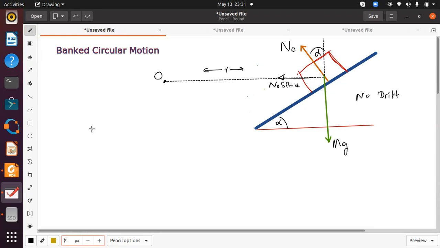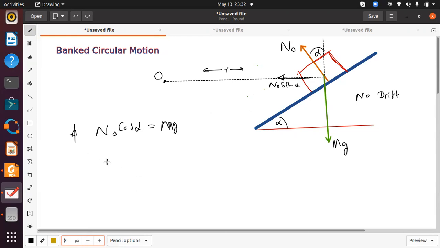If we resolve vertically, we get N naught cos alpha is equal to mg. This is a very familiar equation.